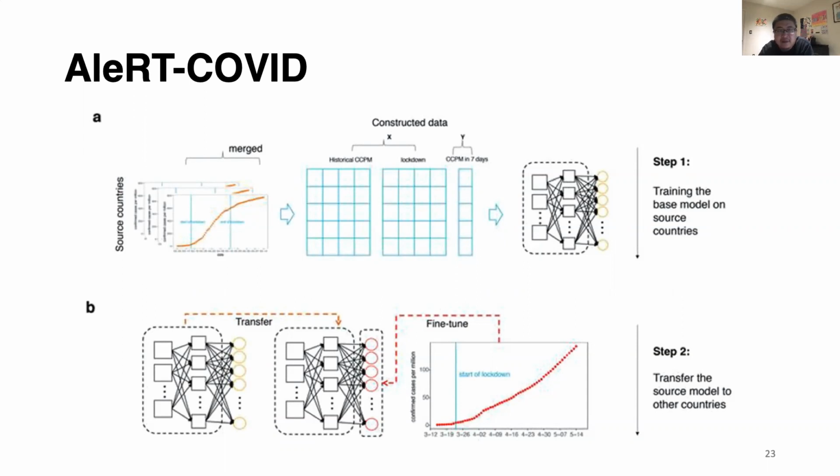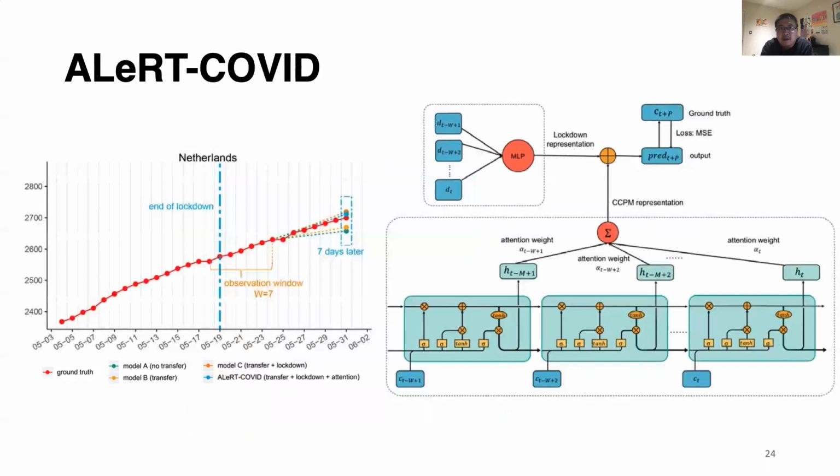This is a prediction of cumulative CCPM, and CCPM stands for cases per million, on May 31st for the Netherlands, which had announced the final date of the lockdown measure. The red points were the true cumulative CCPM on each day. The dashed vertical line represents the end date of the lockdown.